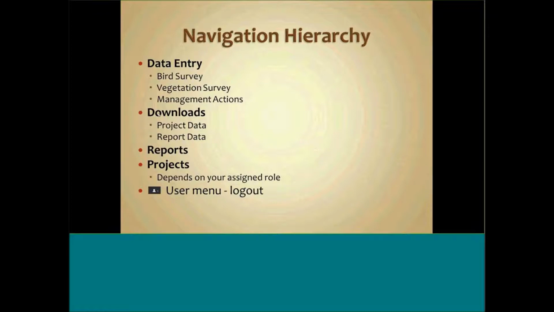Anywhere you go, you will have access to any of these, so you could have finished entering vegetation survey and jump directly over to downloading report data without having to go all the way back to the top level.